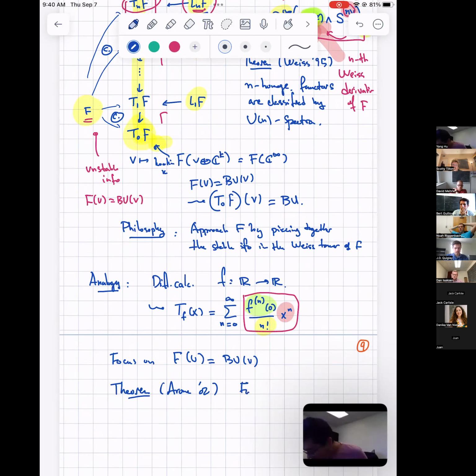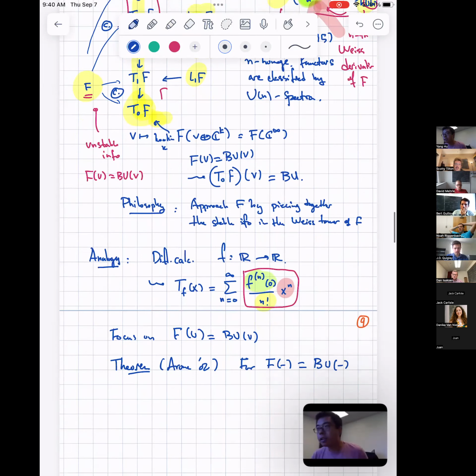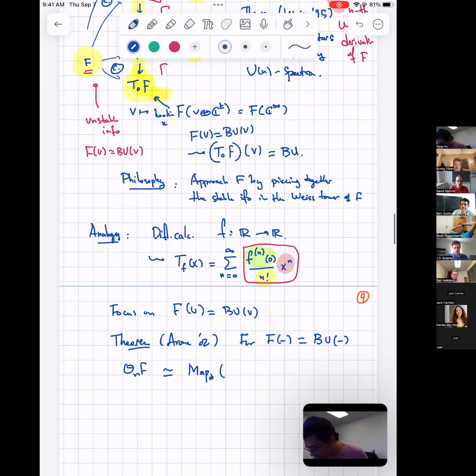So for f equal to the BU(V) functor, its nth derivative is identified with a mapping spectrum from a combinatorially constructed space, which we call L_n, to the suspension spectrum of the adjoint representation sphere of U(n).